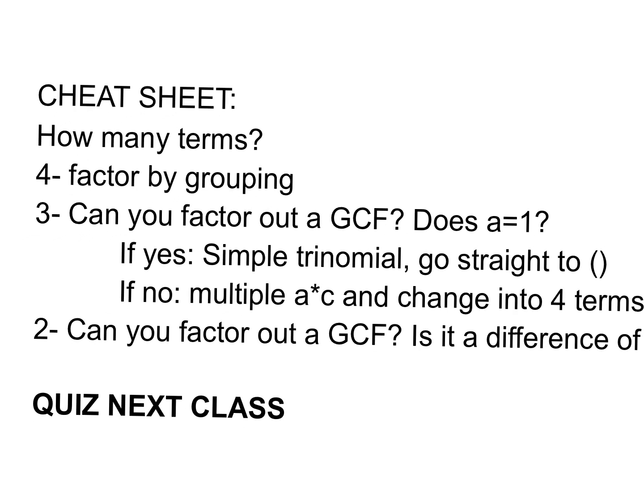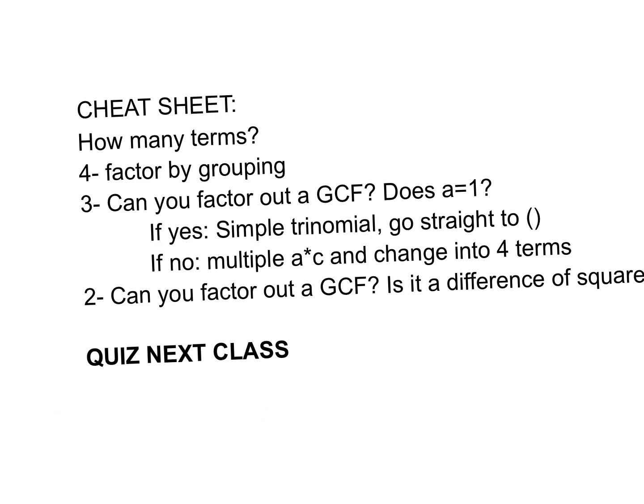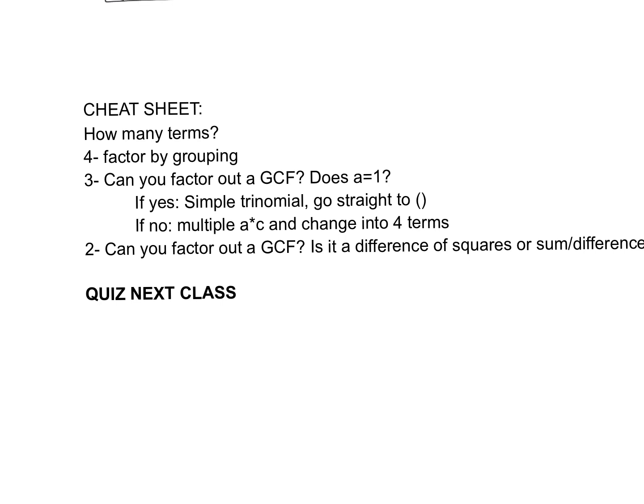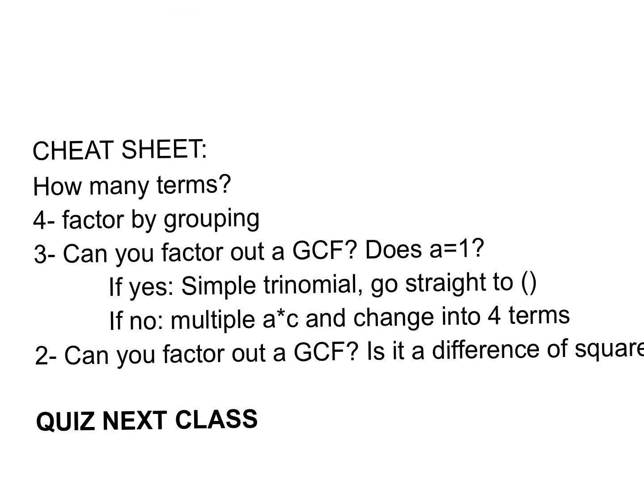If the a value does not equal 1, you're going to want to take the factors that you found, split it up into 4 terms, then factor by grouping. And then lastly, if there are 2 terms, we've talked about difference of squares, and now sum and difference of cubes. So just going back through that flow chart as you look at it.